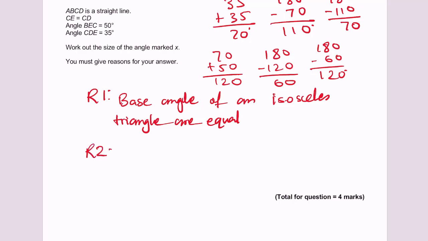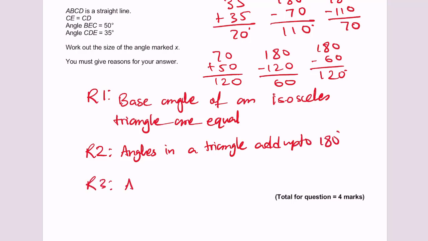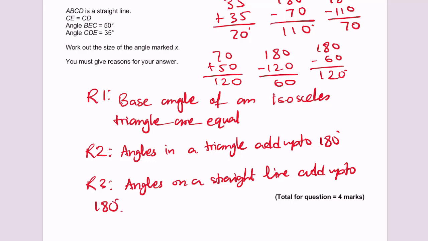Then we said reason 2, angles in a triangle add up to 180 degrees. Reason 3 said angles on a straight line add up to 180 degrees, and that's the answer for this one. A total of 4 marks altogether. Quite a big question.